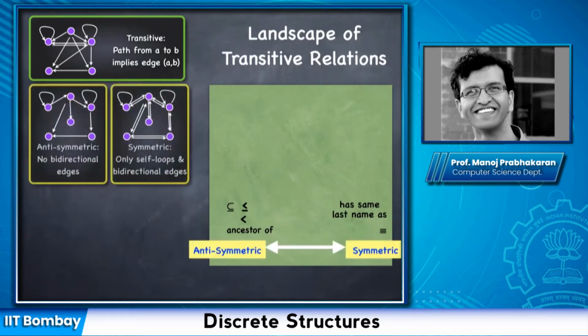Let me add another dimension to this along the lines of being symmetric or antisymmetric. Again, this is something we already saw. These are examples of symmetric relations, where if A is related to B, then B is related to A, and these are antisymmetric relations, where if A is related to B, then B cannot be related to A unless they are the same.